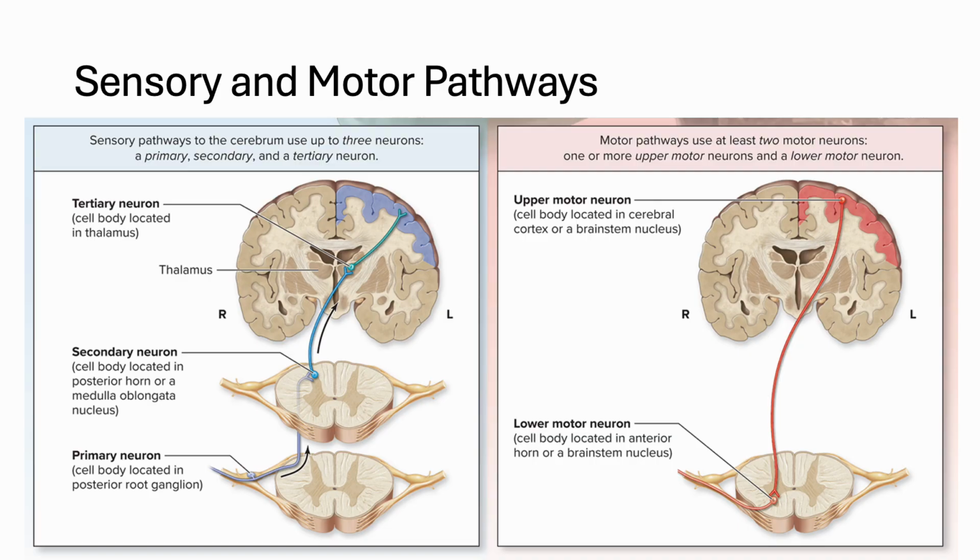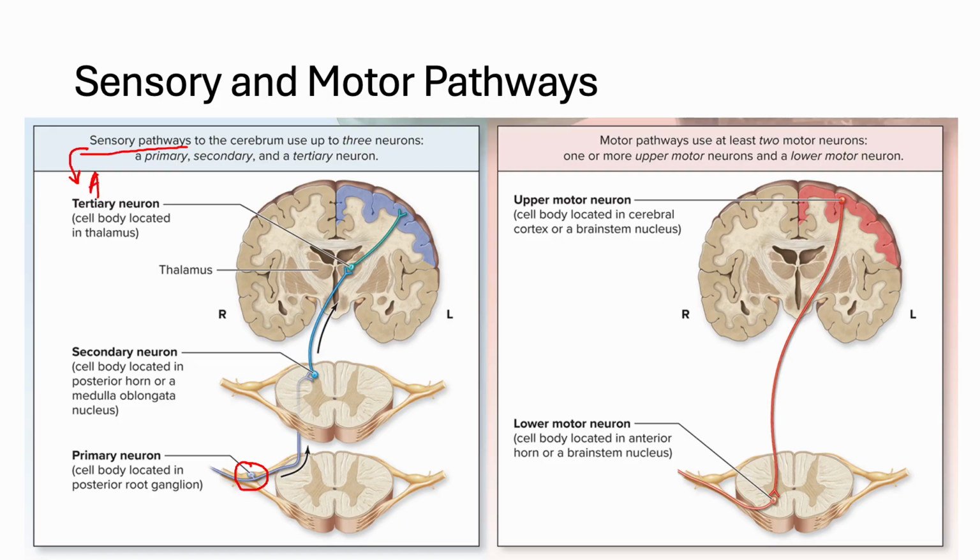So what we are going to do is look at both sensory pathways and motor pathways today. Big picture, sensory pathways are collecting information from the receptors in our body, our skin, our muscles, and the cell bodies of these are going to exist in the dorsal root ganglion. So sensory pathways are collecting information up to the brain.